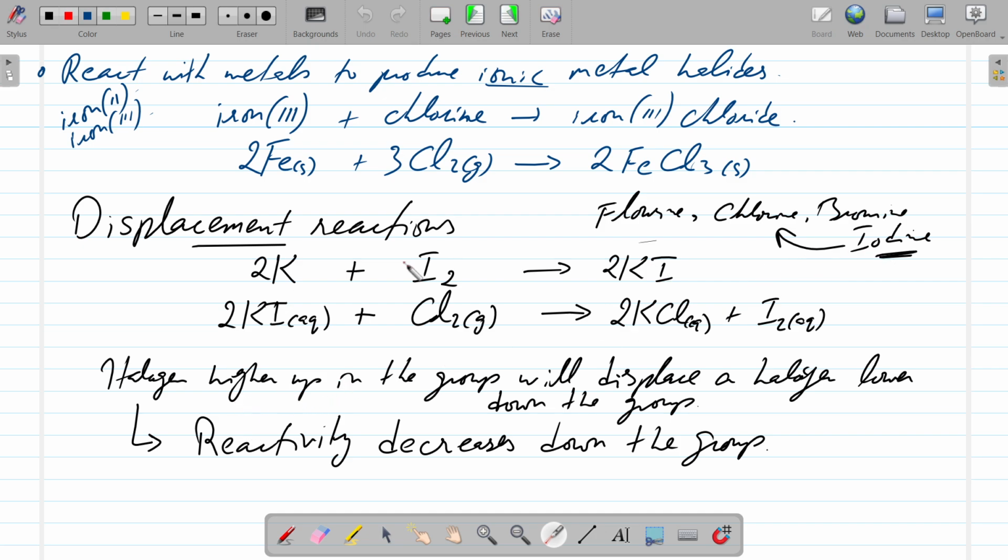So if you have a compound of a halogen that is lower down the group, and you introduce another halogen that is higher up in the group, that halogen will replace the one that is lower down. So in this case, chlorine is replacing the iodine, forming the compound with potassium.